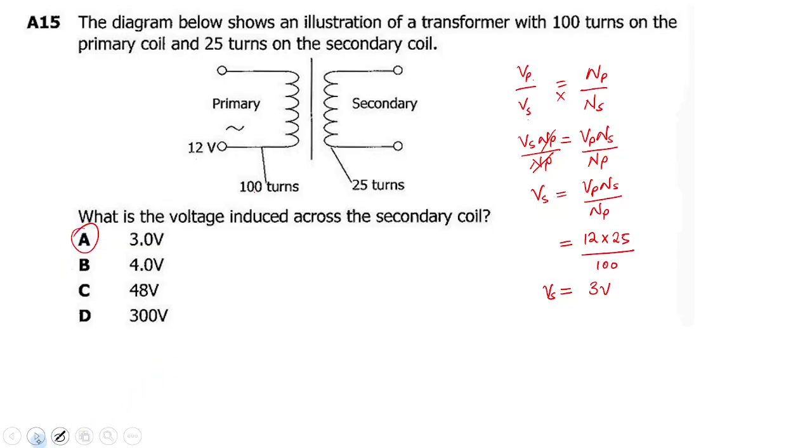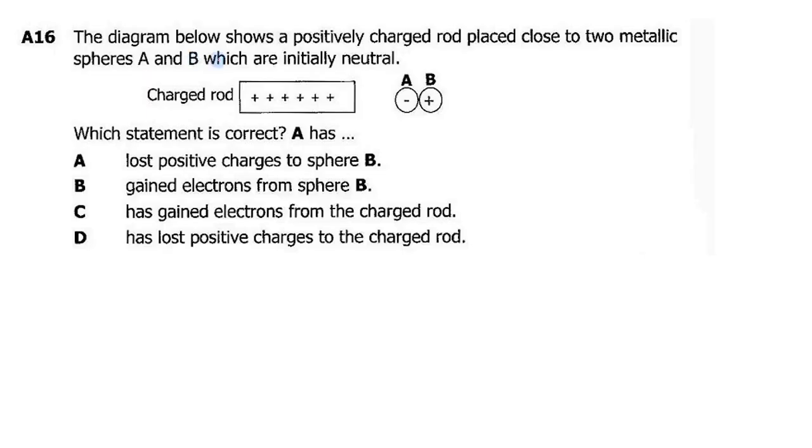Then we move. This one says the diagram below shows a positively charged rod placed close to two metallic spheres A and B, which are initially neutral. This is a positively charged rod placed close to two metallic spheres A and B, which are initially neutral.